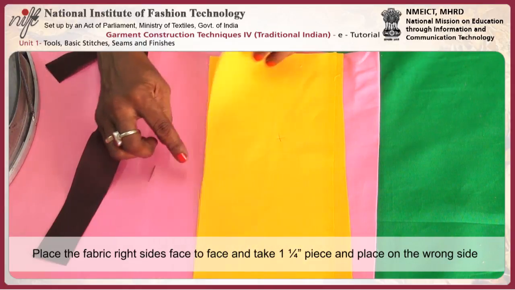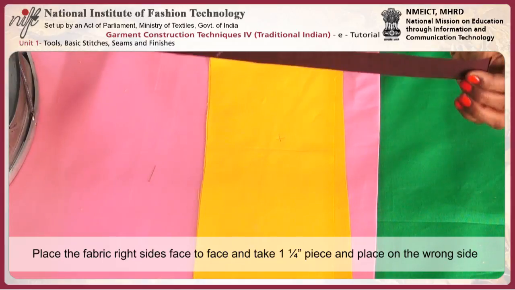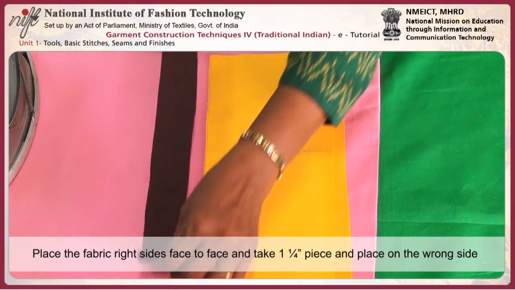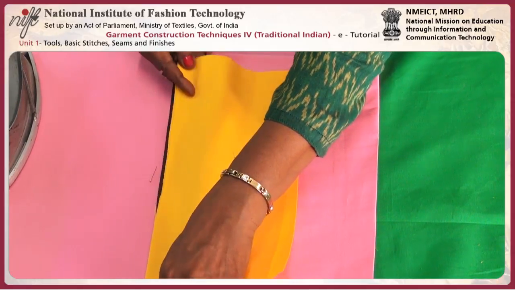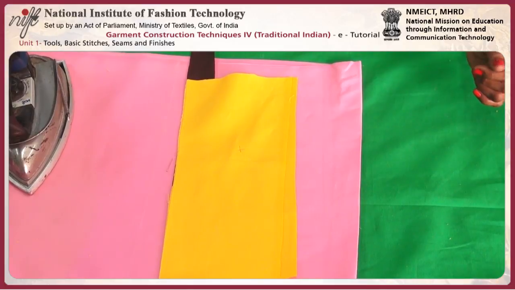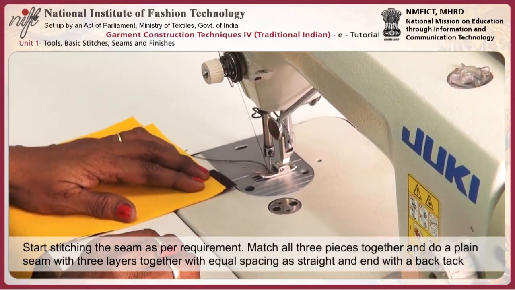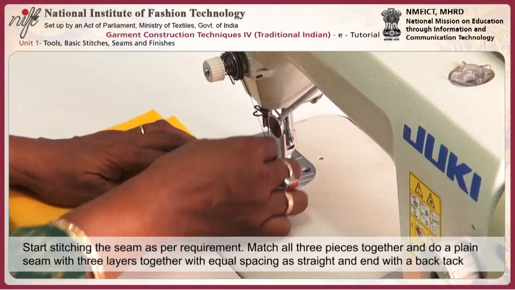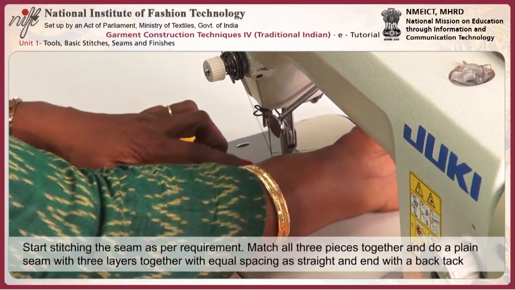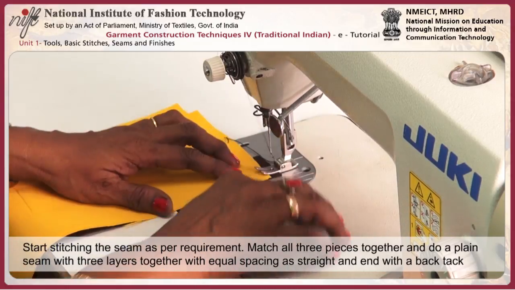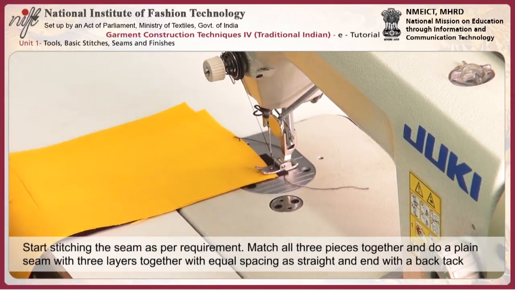Place the fabric right side face to face, and take a 1 1/4 inch piece and place it at the wrong side of it. Now start doing the seam with 1/4 inch or 3/8 of an inch as per the requirement.